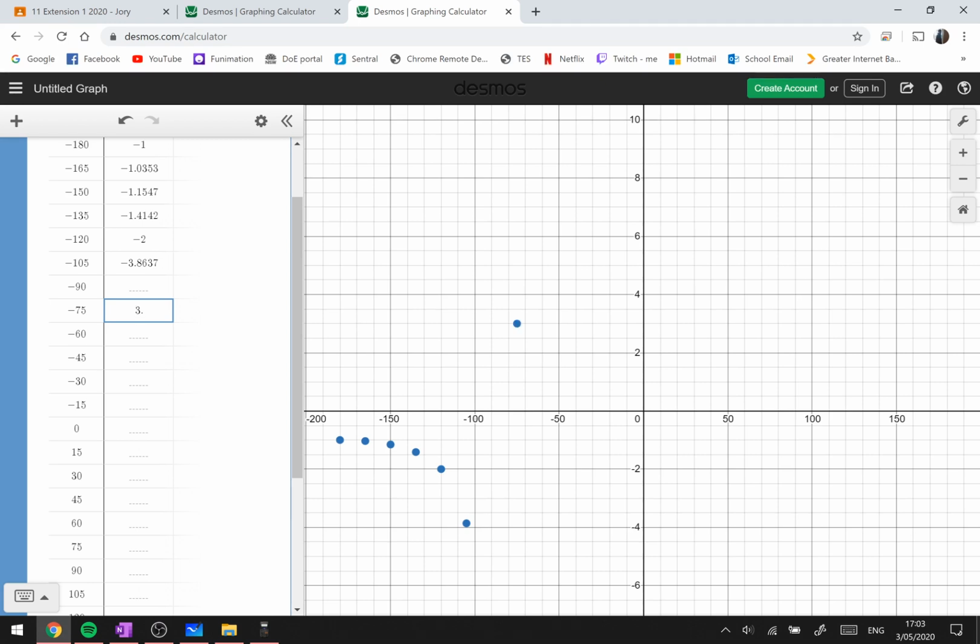our positive values now. Okay, so we're talking about the fourth quadrant where cos is positive, and this one is actually going to give us the same value there.